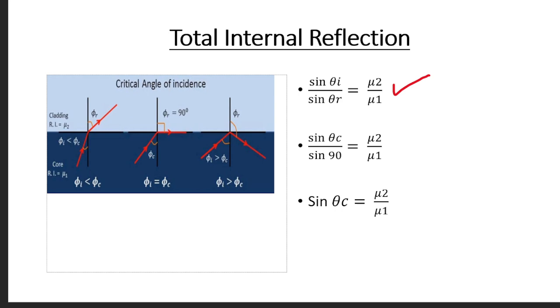So we can replace theta i by theta c, and the angle of refraction is 90 degrees, so theta r is replaced by 90. Sine 90 is 1. Therefore, this equation becomes sine of theta c equals mu2 upon mu1. We use this formula in the derivation of numerical aperture and the acceptance angle.